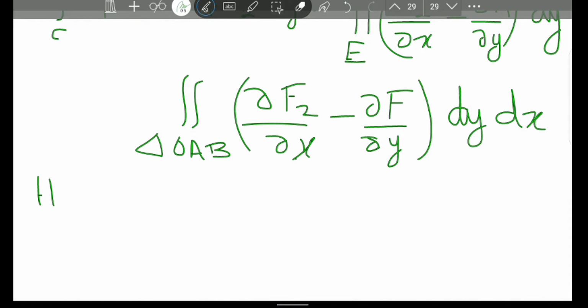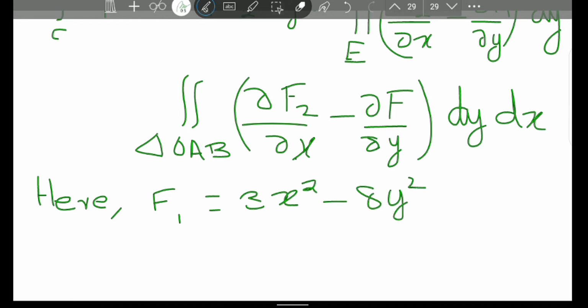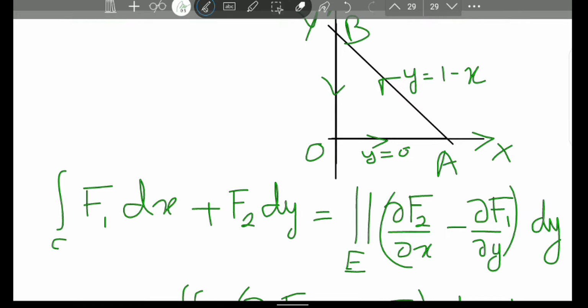Here, f1 equal to 3x square minus 8y square, f2 equal to, I suppose, 8y minus 6x.